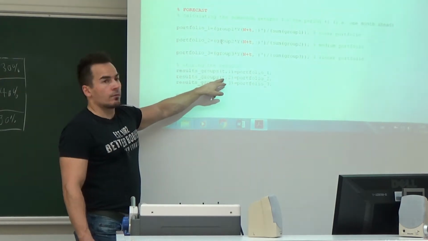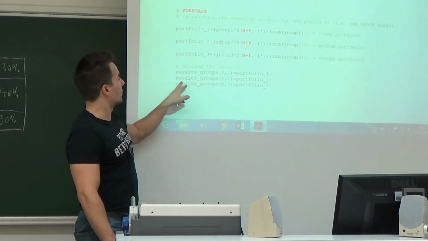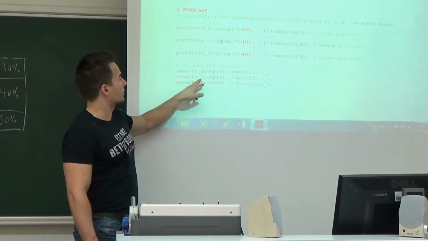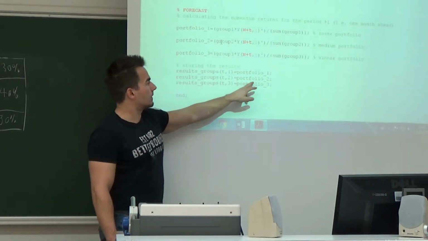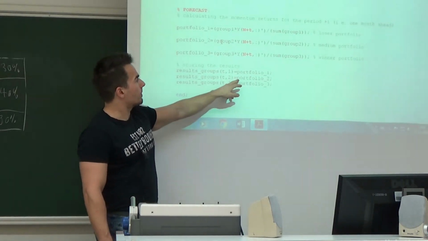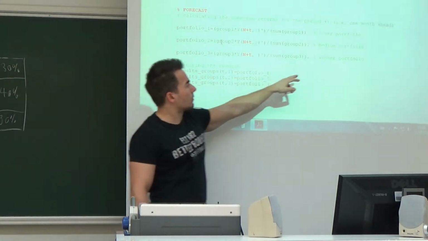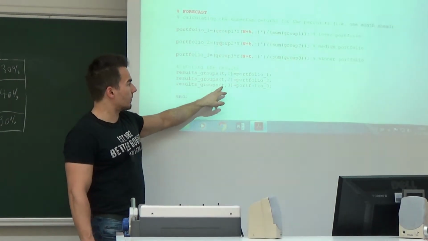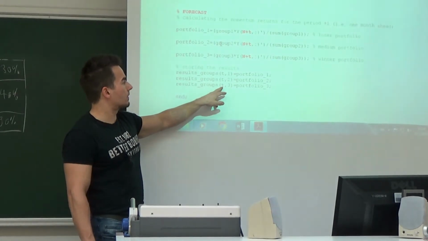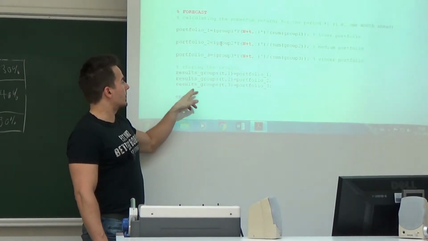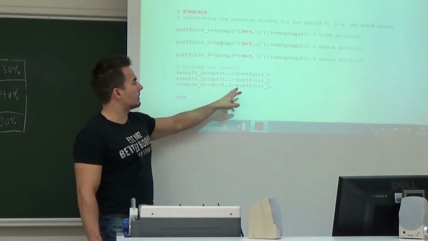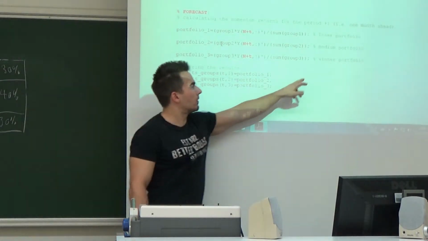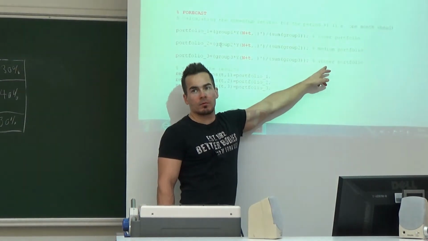The second element in the first row of our results underscore group matrix is the return of the medium portfolio group. And finally, the third element, the last element in the first row of our results underscore group matrix is the corresponding portfolio return of our winner portfolio group.